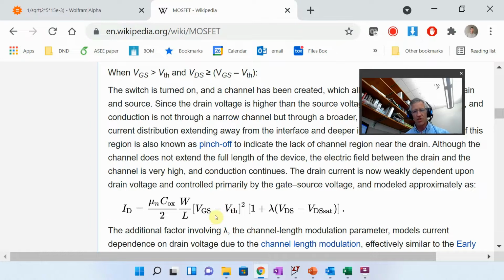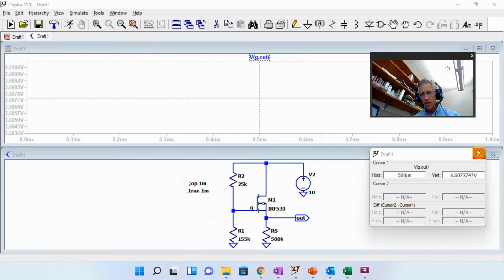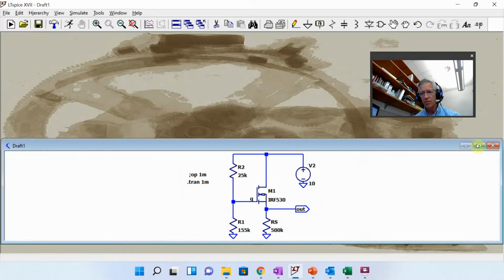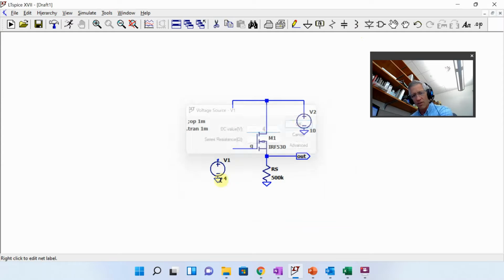So based off of all of our analysis, we need to make sure that we're in active. So we're going to come over here and find out what that cutoff point is to be in active. We're going to give it a voltage source that is just the threshold point. This has a 4 volt threshold.